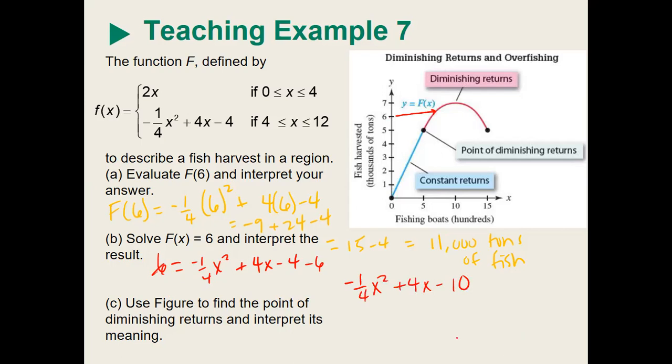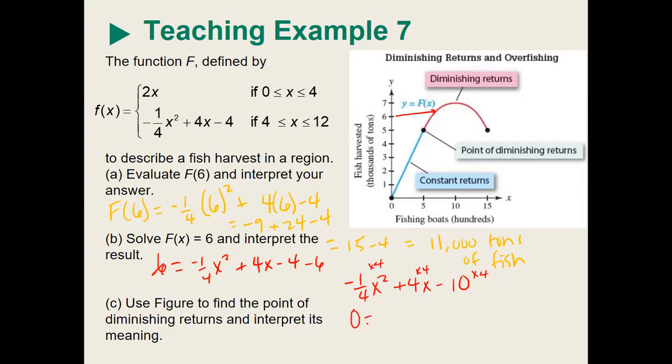And if I didn't want to work with a fraction, how do I get rid of a fraction? Multiply by the denominator. Multiply by my least common denominator, which in this case would be 4. I would multiply everything times 4 to get rid of my denominator.